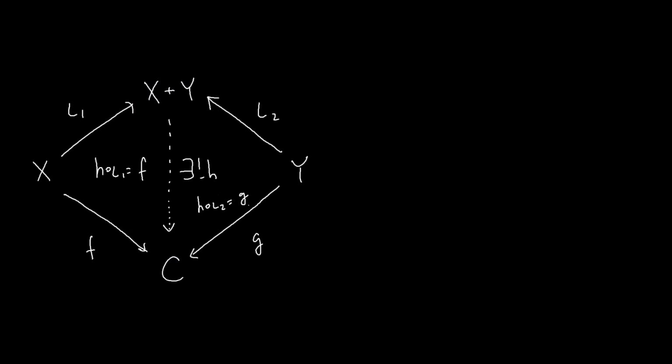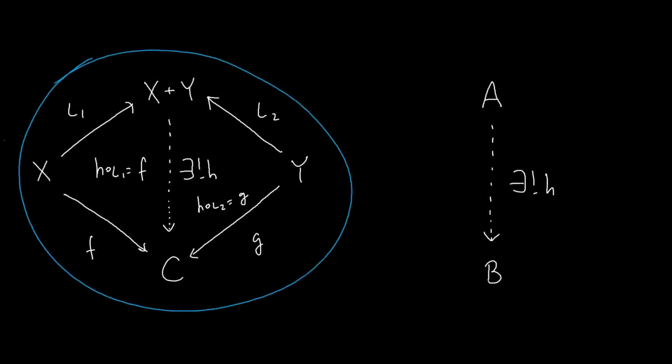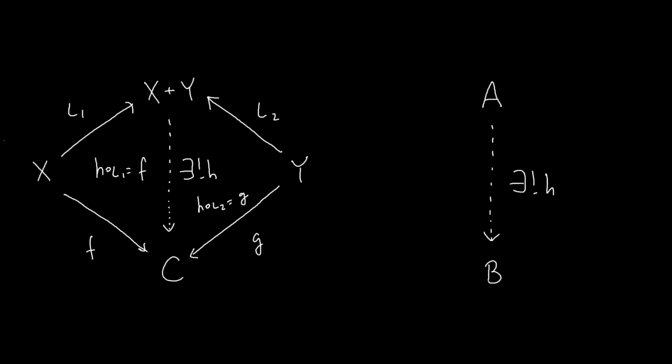Now let's compare this with the definition of an initial object. What does an initial object do? If I've got a category, an object A is initial when for every other object B, there exists a unique morphism from A to B. So clearly where this lacks to be the same concept as that of an initial object is that we're imposing some restrictions on h here.